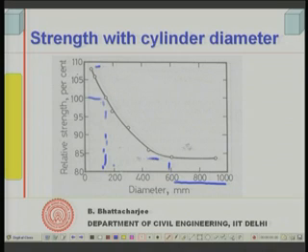Of course, anything above 600 millimeter, a 1 meter diameter concrete cylinder, is usually impractical, but 200 or even 250 is possible, but that is also not very practical unless you have large aggregate size, because usually the minimum dimension of the cube or cylinder should be at least 3 times the maximum size of the aggregate to make it representative.